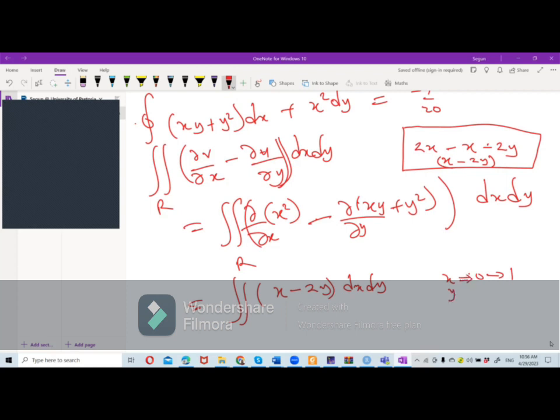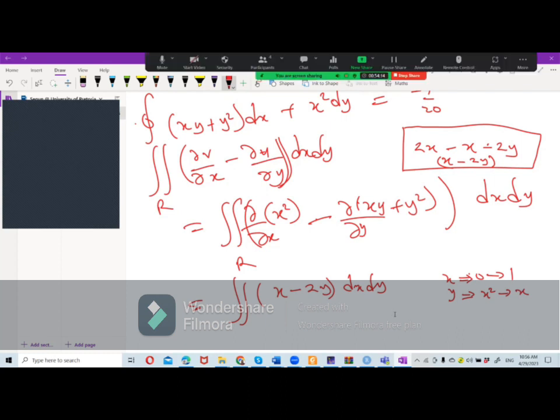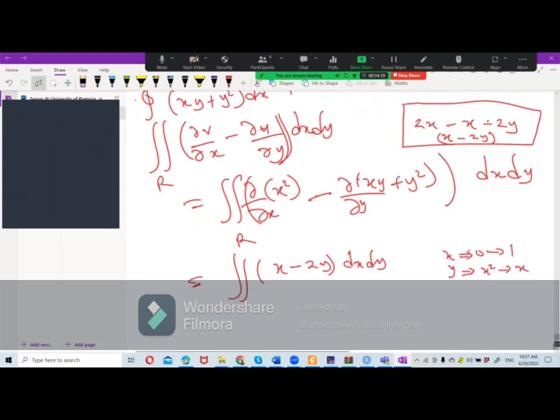Then we have y from x squared to x. So that is their limit. Then I can go ahead and integrate this one now with this limit.